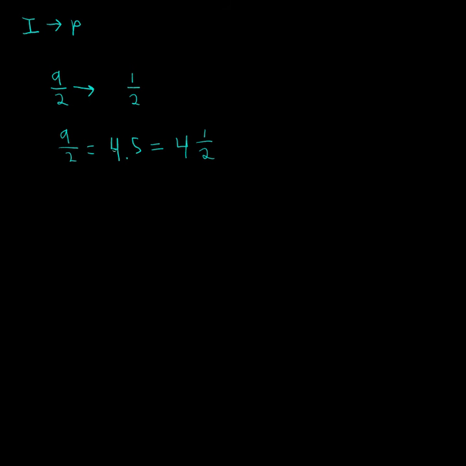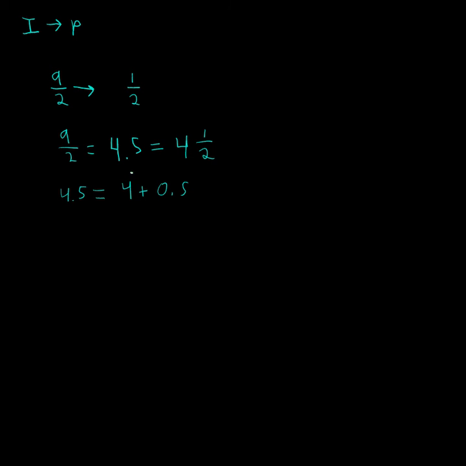So here we take every number to the left of the decimal place and we write it as we would normally, and then we take every number to the right of the decimal place and we convert that into a fraction. This is apparent with our 4.5, that 4.5 equals 4 plus 0.5.